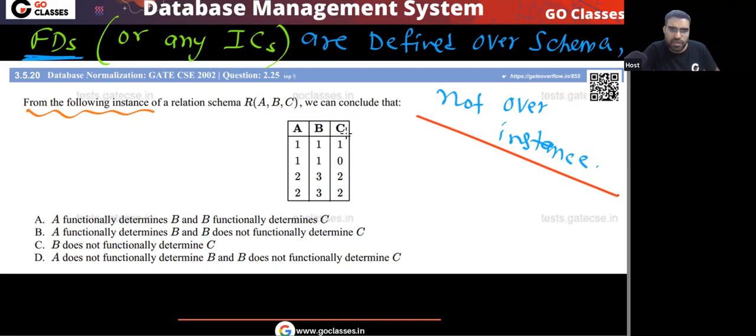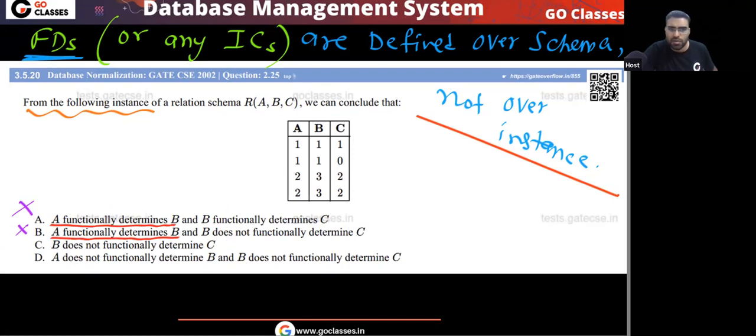You can never say option A, you can never say option B, because you can never say that some functional dependency will hold.